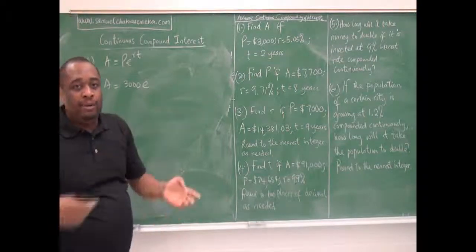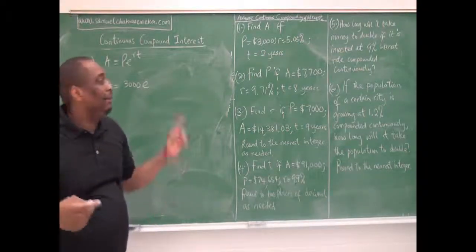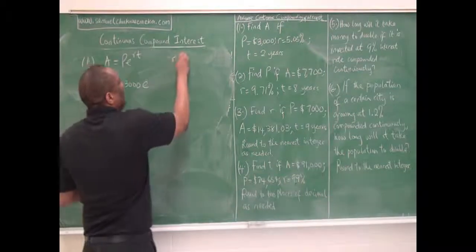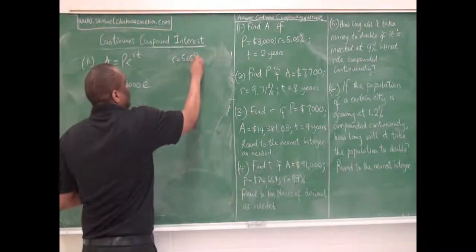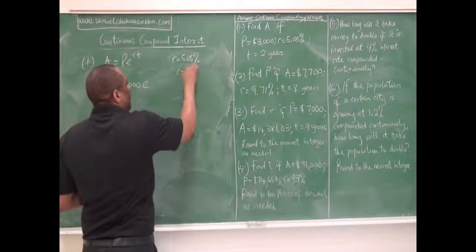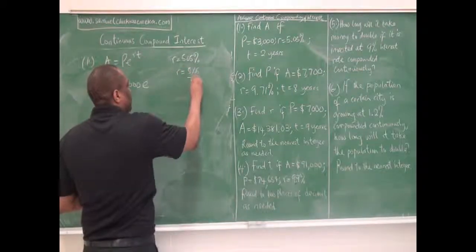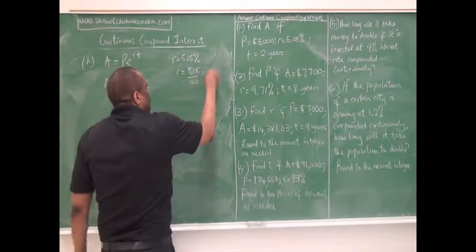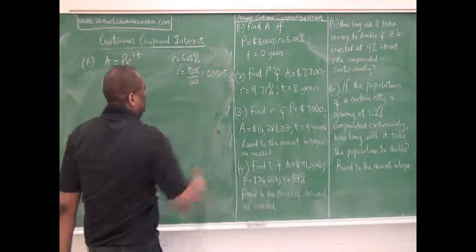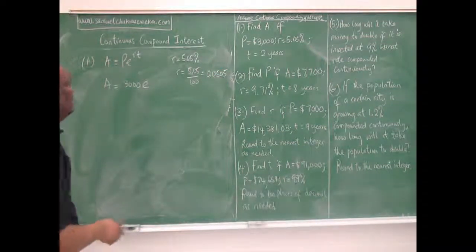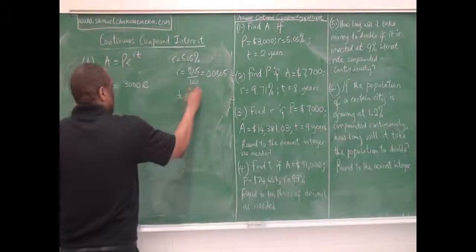But if you're looking for R, then later on you multiply it to get the percent. Okay, R is 5.05%, which is 5.05 over 100, which is 0.0505. Okay, and our T is 2 years.